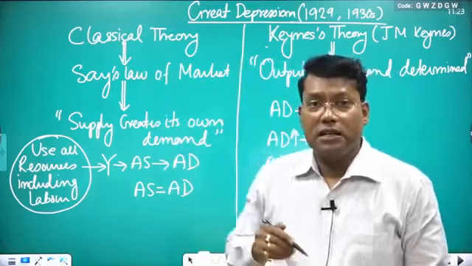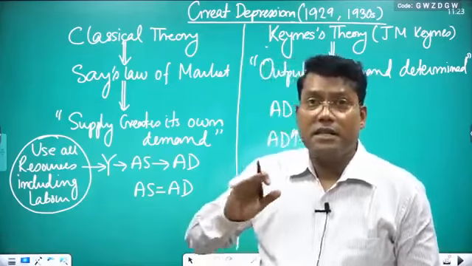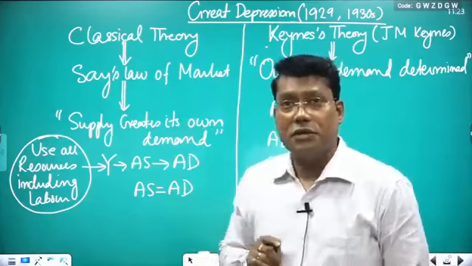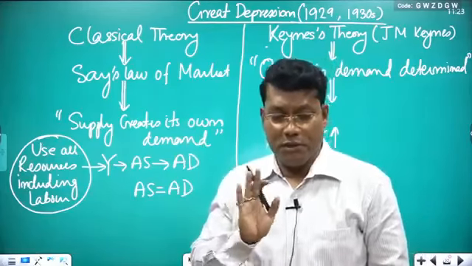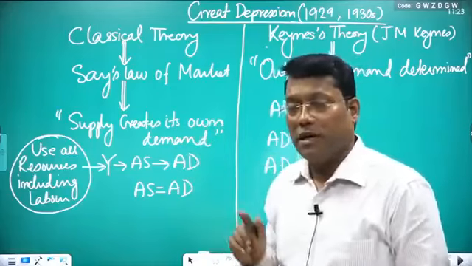It means most of the countries in the world were deciding their production on the basis of classical theory. Okay, let me complete first, then you can ask these two parts.